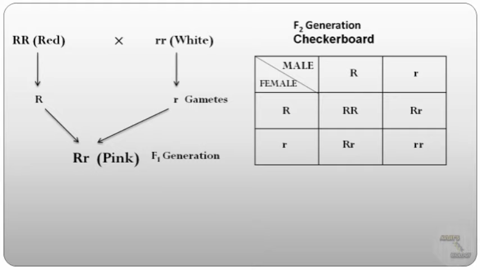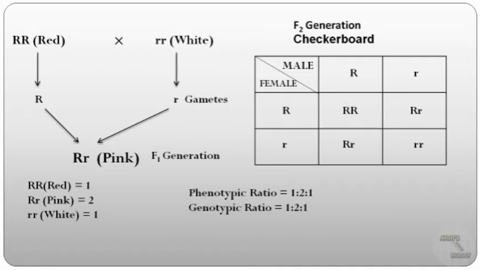Now if we produce the checkerboard of the F2 generation, then we will get one RR, two Rr, and one small rr. And this RR is the plant with red colored flower, Rr is the plant with pink colored flowers, and small rr is the plant with white colored flowers.